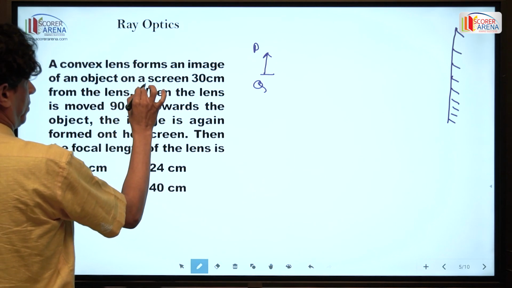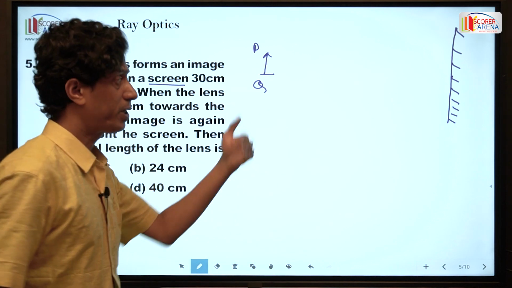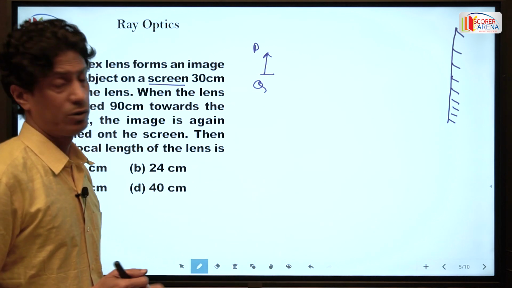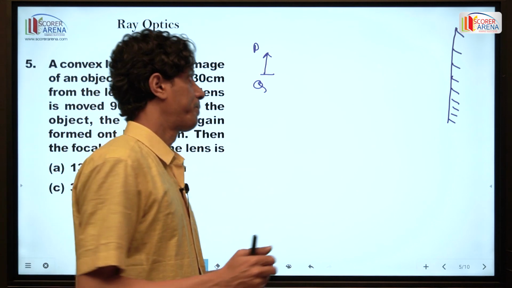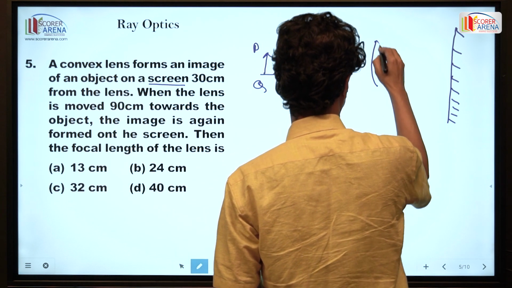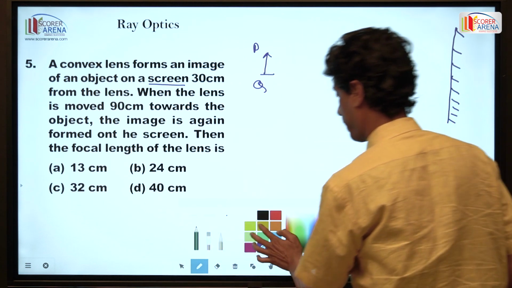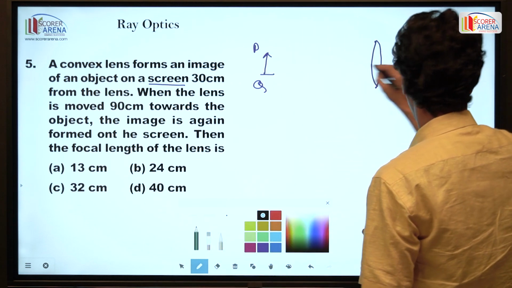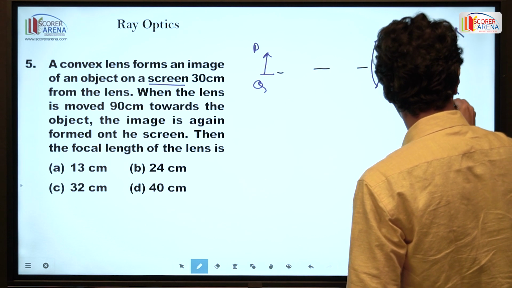An object on a screen, so certainly the nature of the image is real. Only a real image can be cast on the screen. If we put a lens here, we can get a real image on the screen.